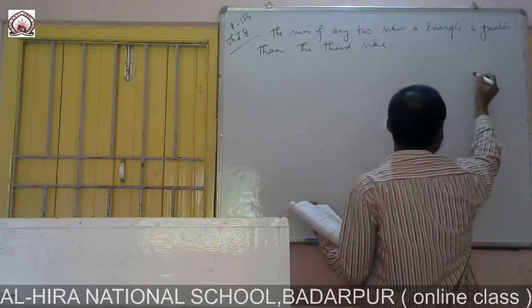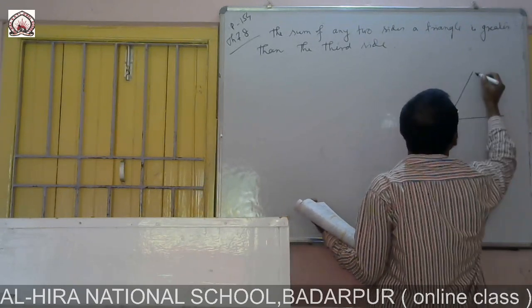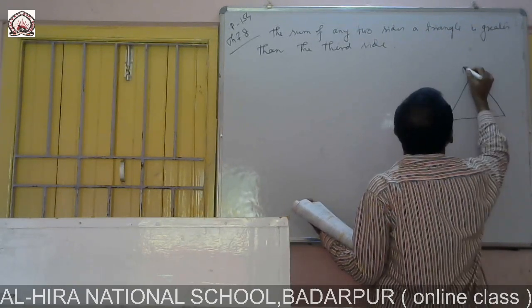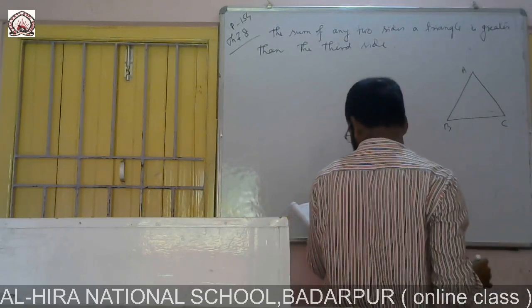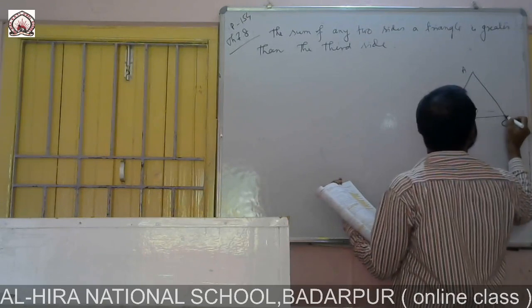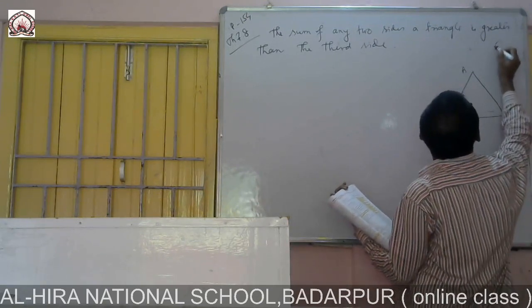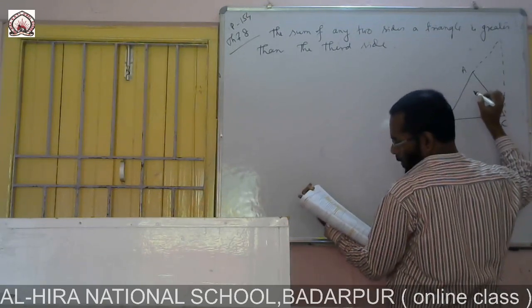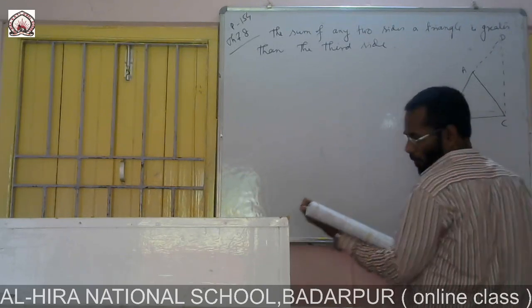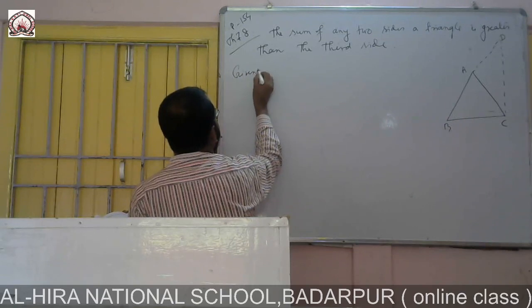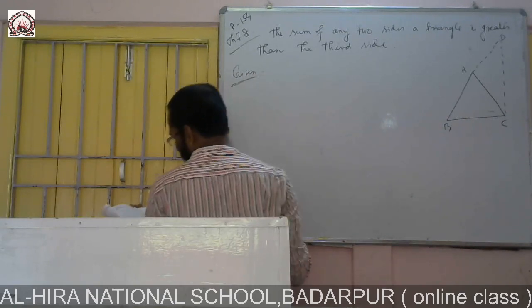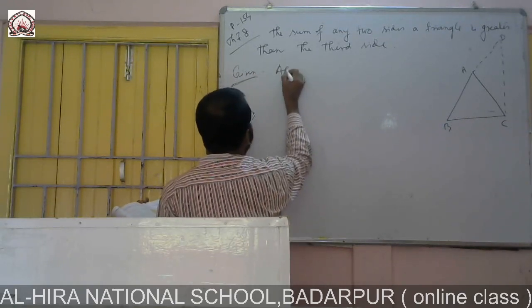First one is ABC. This is figure ABC, and we have to construct something imaginary. This is an extension, and this will be D. So given: ABC is a triangle.